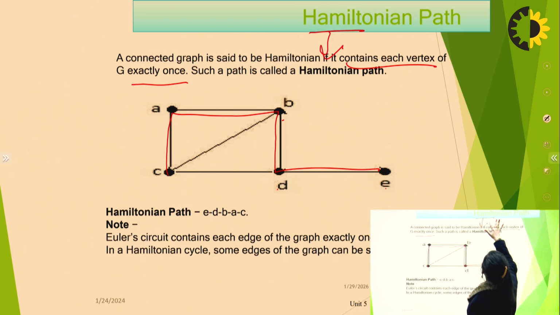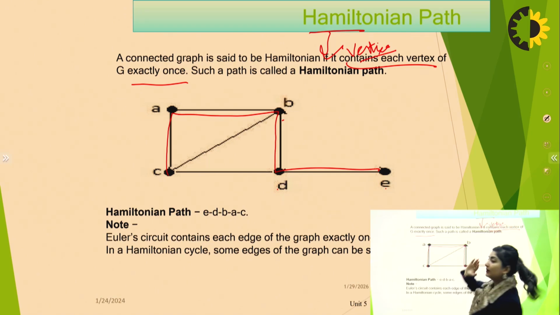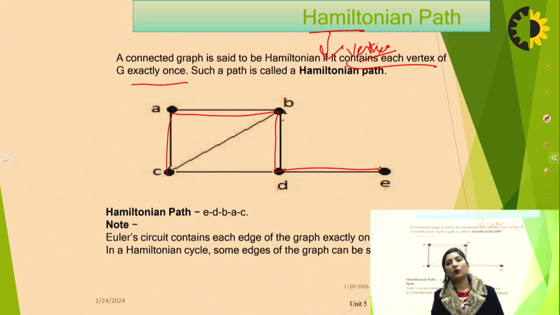Okay. So, Hamiltonian graph says all the vertices you traverse once and the vertices are happy. And Euler says, come what may, all the edges you have to traverse just once. So till the time you are able to traverse all the edges once, it's a Euler circuit.